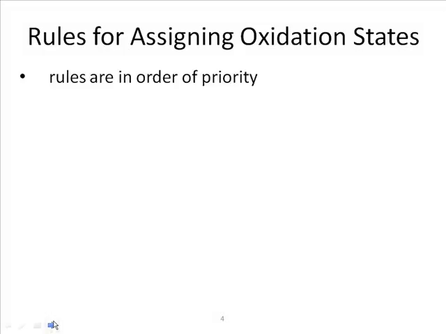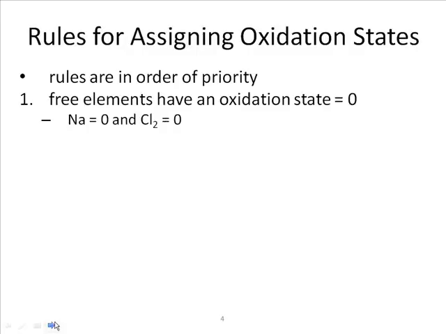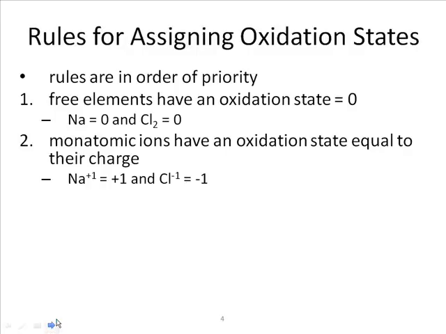So here are our rules for assigning oxidation numbers or oxidation states, and the rules are listed in order of priority. Any element that is by itself and not combined with another element has an oxidation state of 0. Monatomic ions, those are ions that contain just one atom, have an oxidation state equal to their charge.